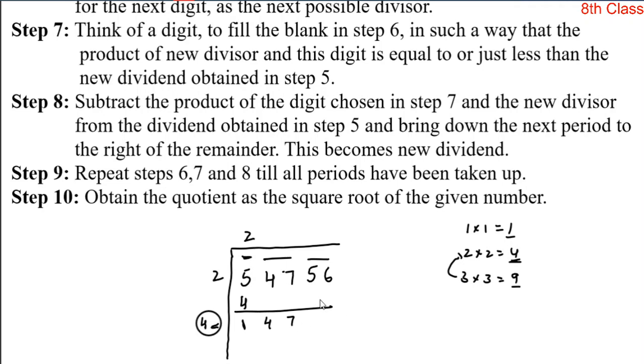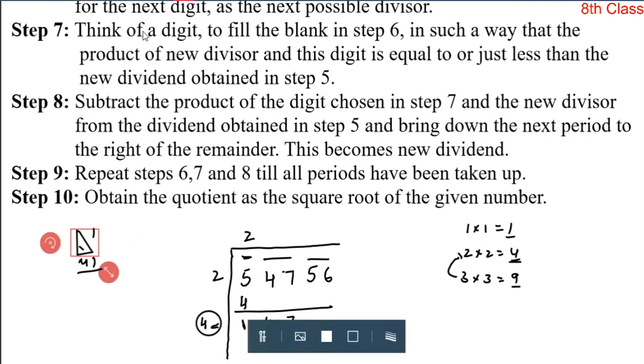So you find out the digit. Is it clear? Here we find one digit on the right side of this 4. If you multiply the number forming in this place by the digit, the product is equal to 147 or just less than 147. So in case you take 1 in this place, the number forming is 41. If you multiply that 41 by 1, it is equal to 41.